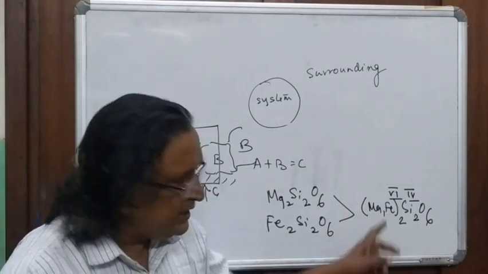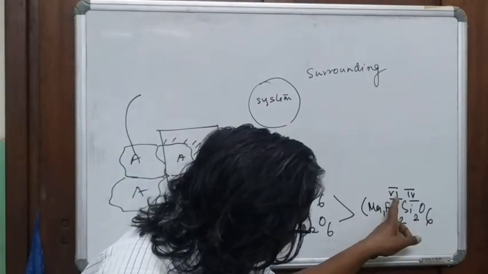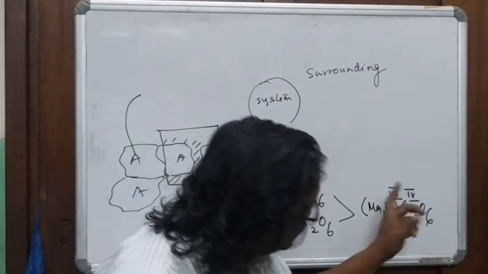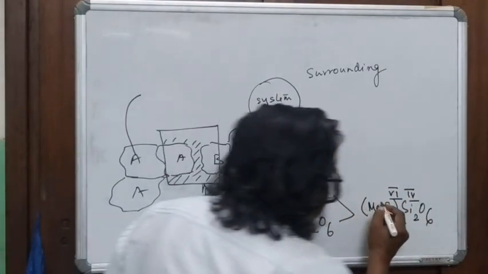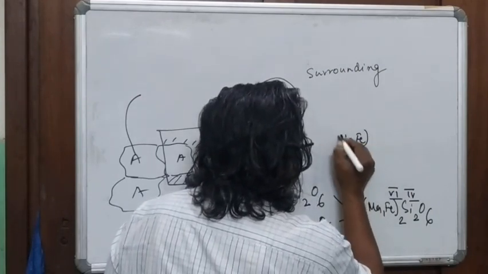Magnesium and iron are competing for a position on the crystallographic octahedral site, whereas silicon is in the tetrahedral site. And there are two octahedral sites in the pyroxene.